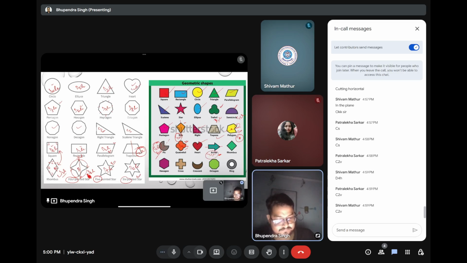Yes, C2V. Rhombus we have done, hexagon done, cross.